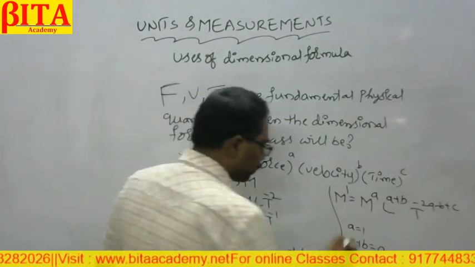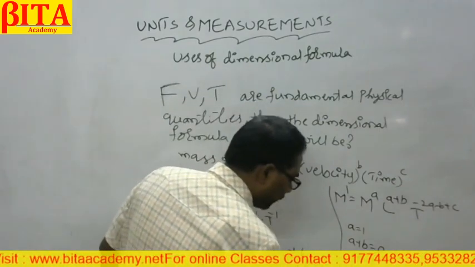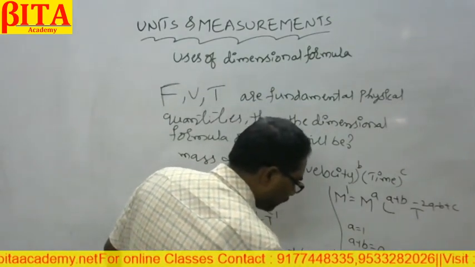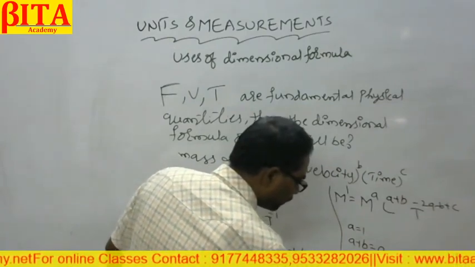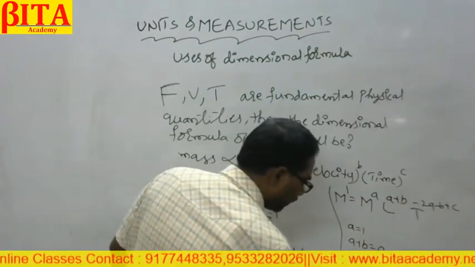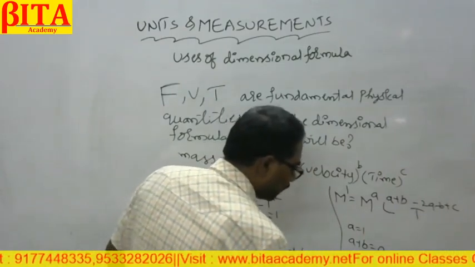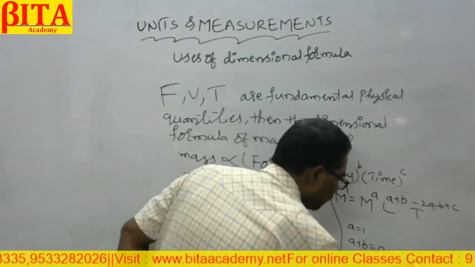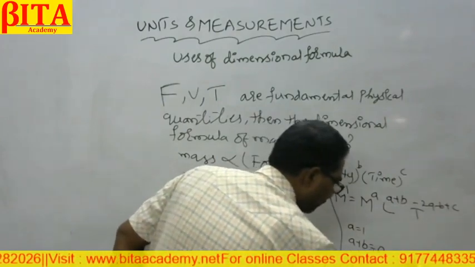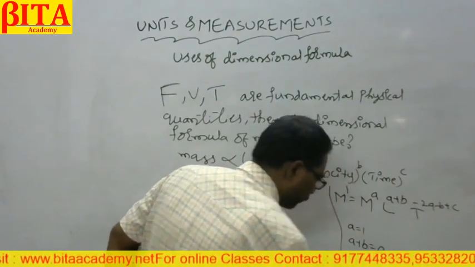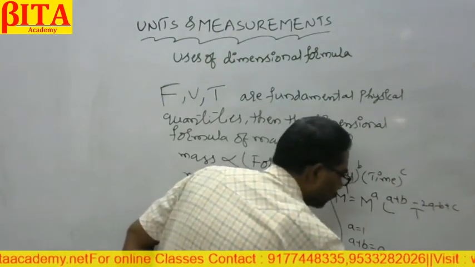Minus 2 into 1 is minus 2, minus into minus gives plus 1, plus c is equal to 0. So minus 2 plus 1 is nothing but c minus 1 is equal to 0. So c is equal to 1.